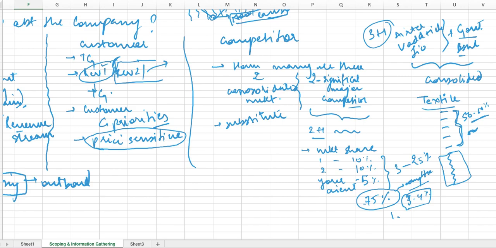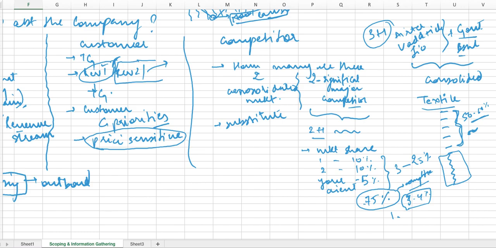Now there is a whole new product which does not fit the product specification or idea you are providing, but it is fulfilling the need of your existing customers. So your customer is basically moving to that substitute. It does not require your product as such.